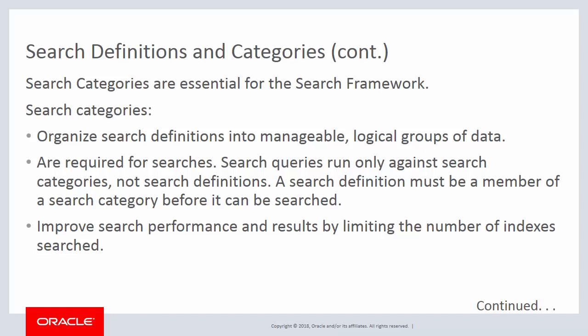Search categories improve search performance and results by limiting the number of indexes searched. For example, users can run searches against categories such as suppliers, purchase orders, or products rather than running a search against all indexes in the search engine. You select the category from the global search box.